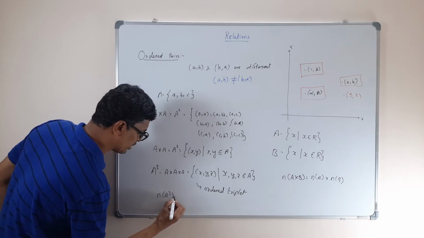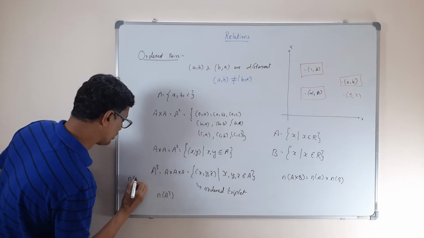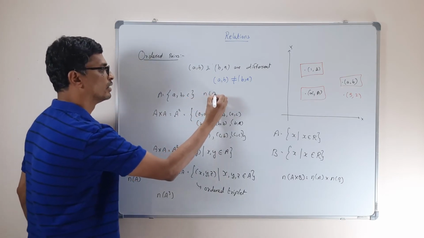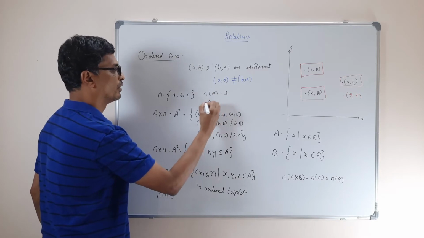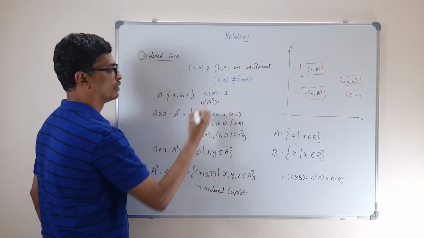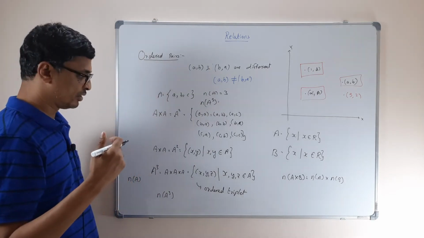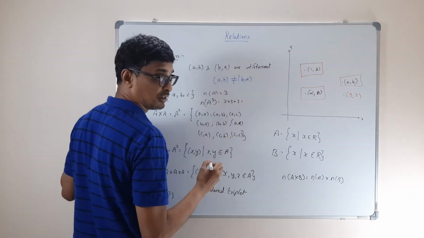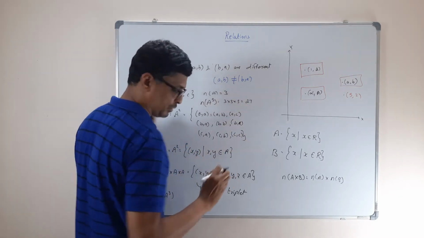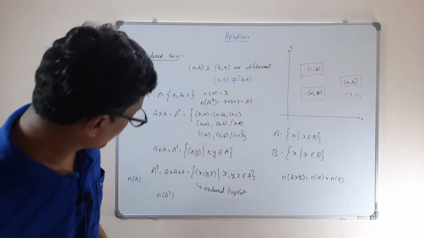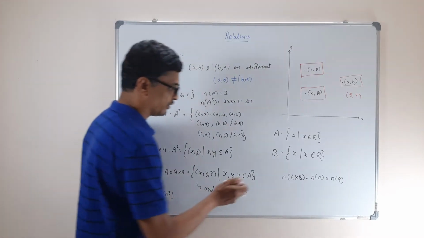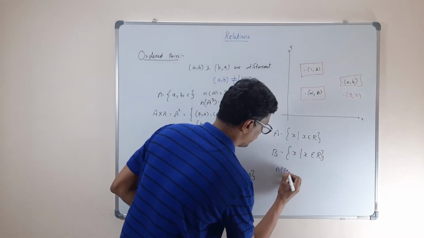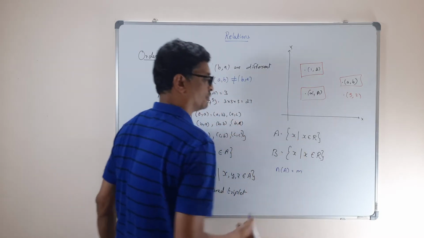Here n of A is 3, so n of A cube is 3 into 3 into 3, which is 27. Now suppose n of A is equal to m.